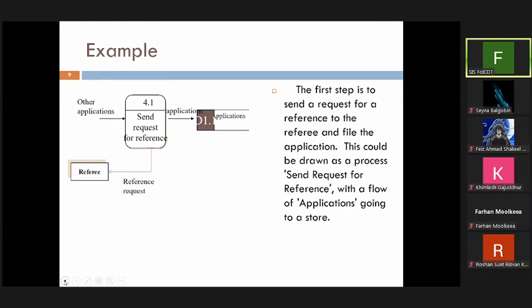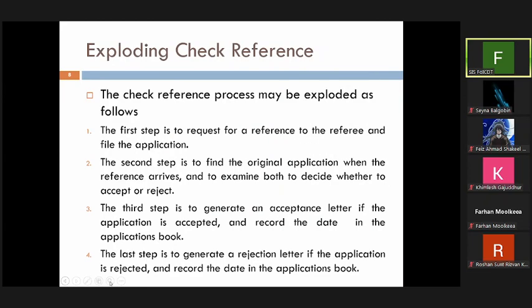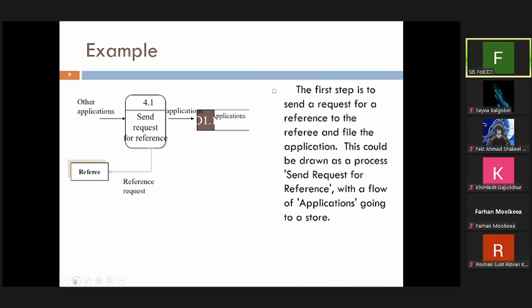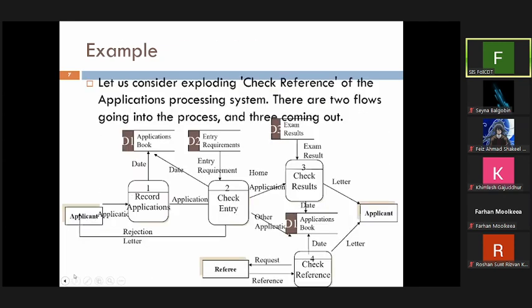And if we look at the high level diagram, from check reference there's a request that goes to the referee. So we are making a reference request, and this goes to the referee. If we go back to the rules: when a process is exploded, we are allowed to use a new data store.